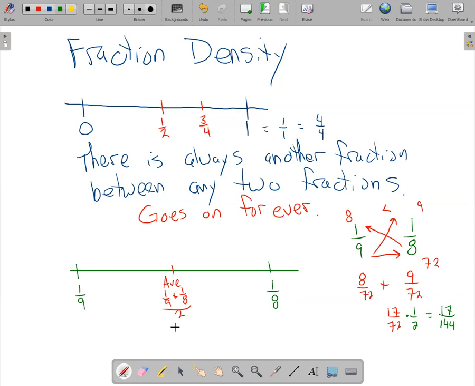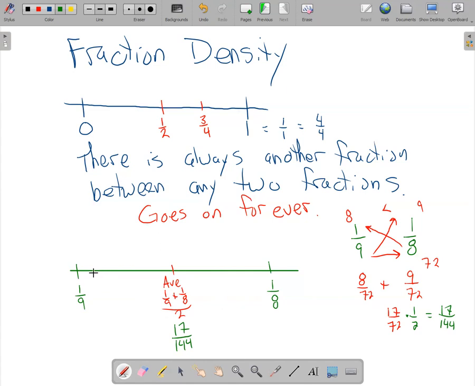So the number right in the middle would be 17 out of 144. Can I find other ones? Well, sure. I could find the average of 17 over 144 and 1/8, and that would give me this number right here. So I could keep finding averages and finding numbers in the middle and cut it up. So that's one way.